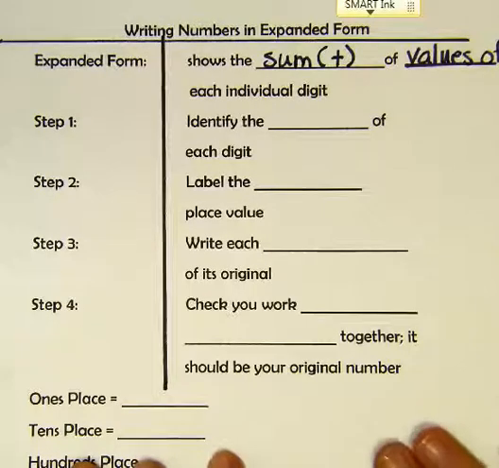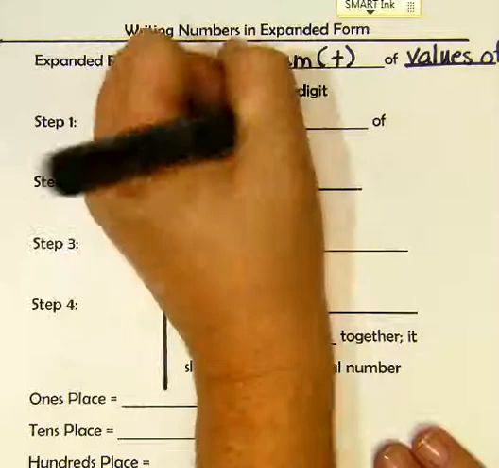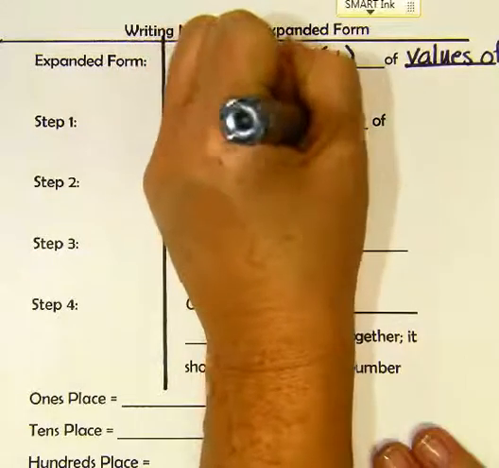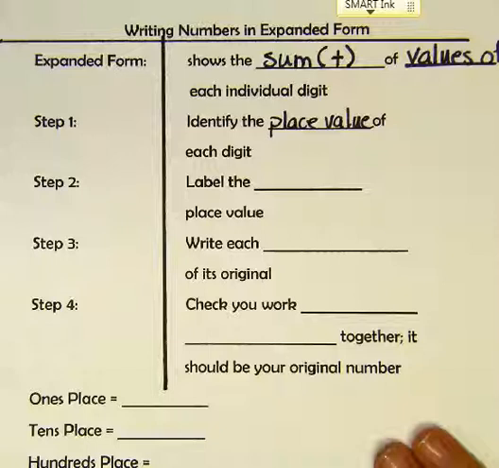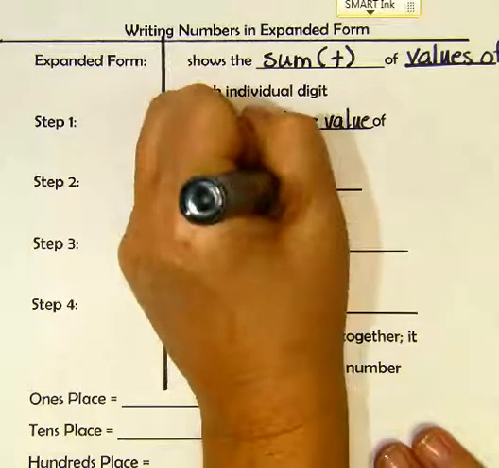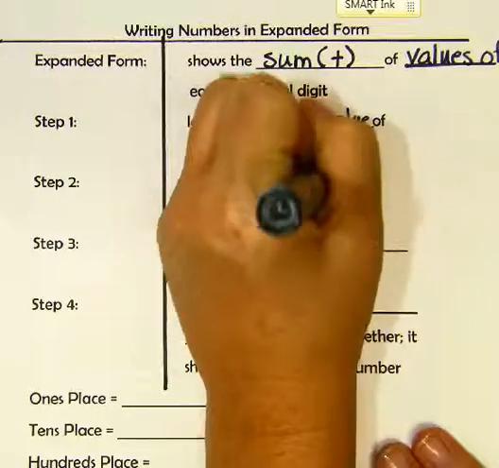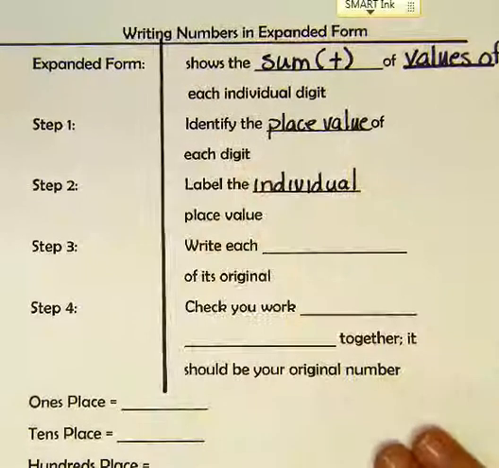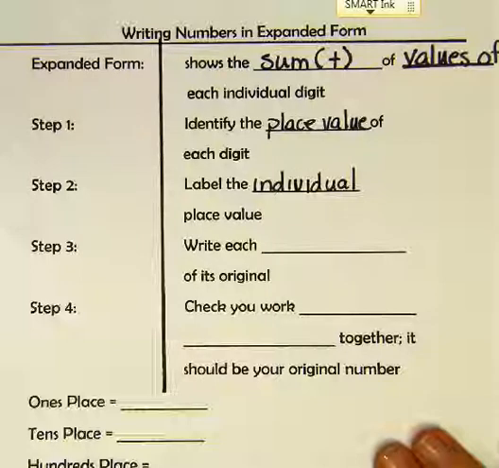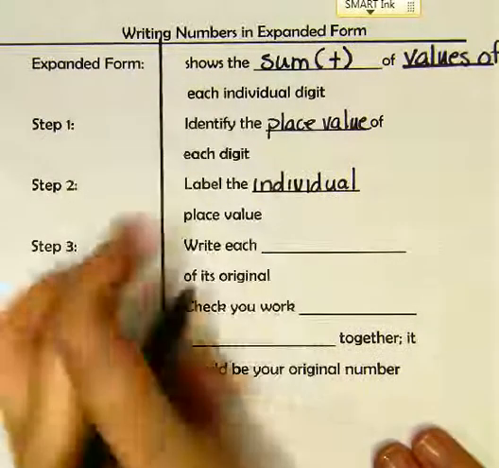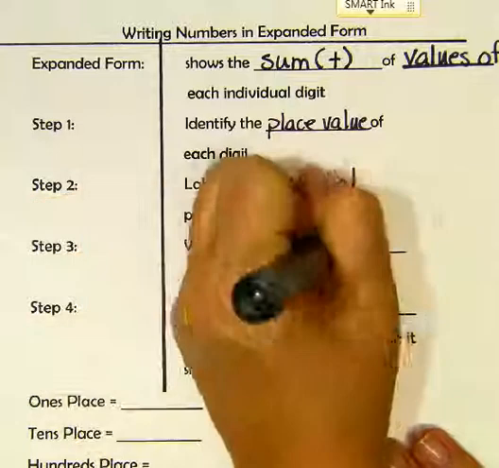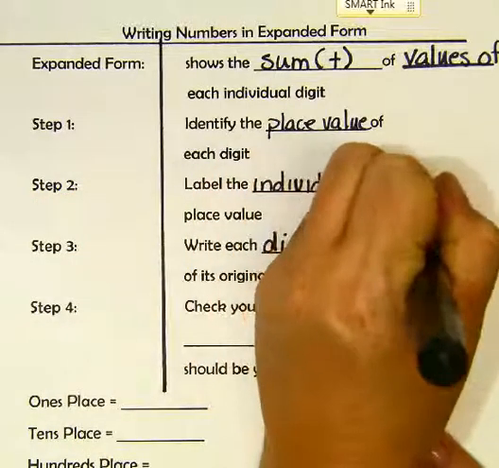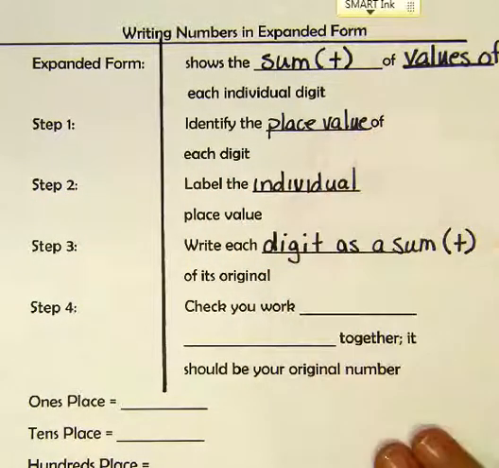Step 1 is to identify the place value of each digit. Step 2 is label the individual place value. Step 3 is to write each digit as a sum, and again, sum means to add, of its original.